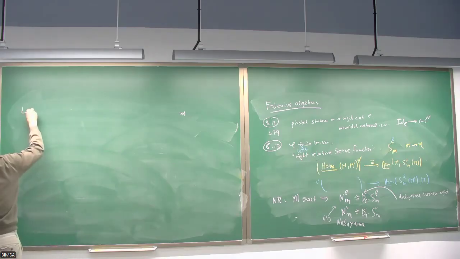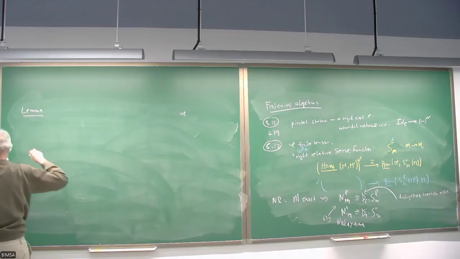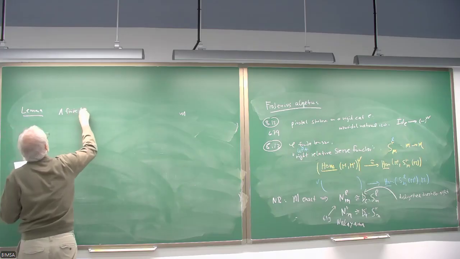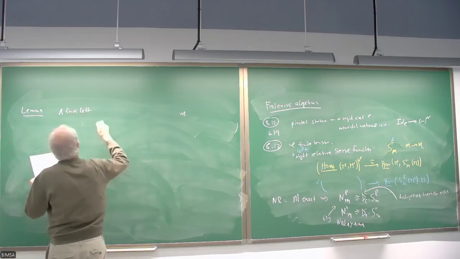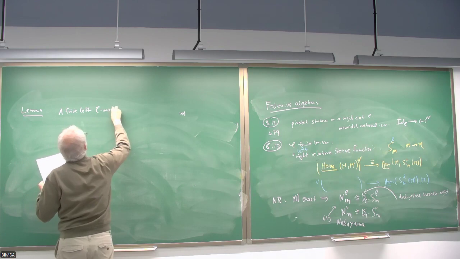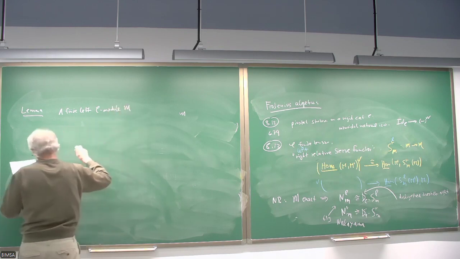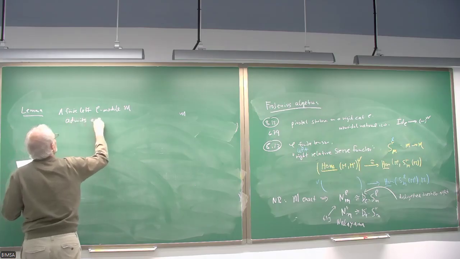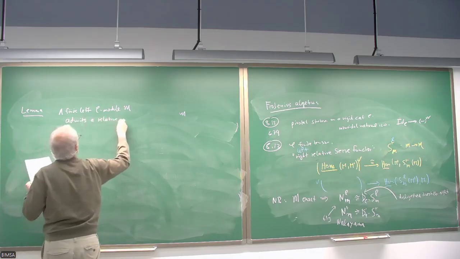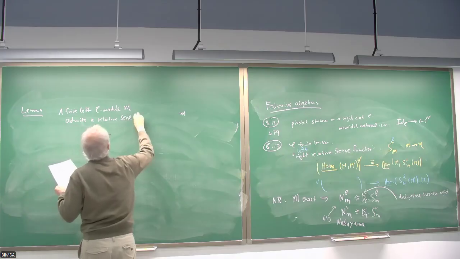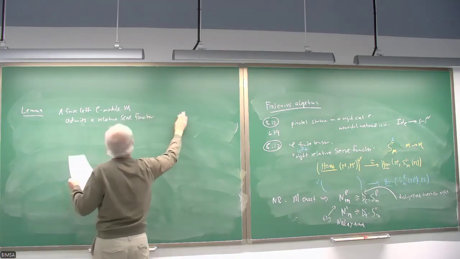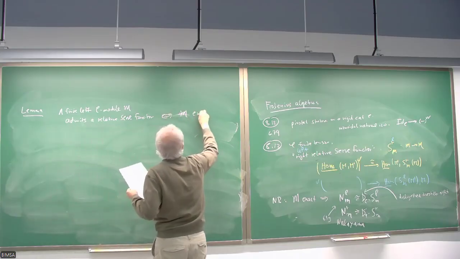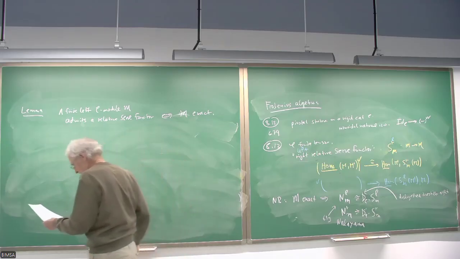Now there is the following lemma. A finite C-module M admits a relative Serre functor, left and right actually, if and only if M is an exact module.